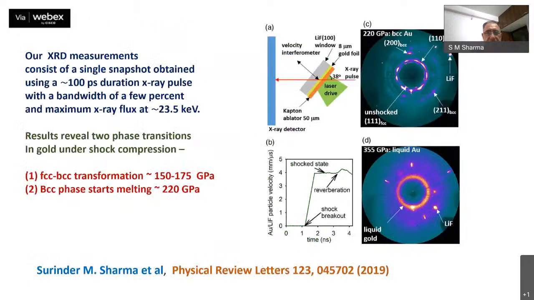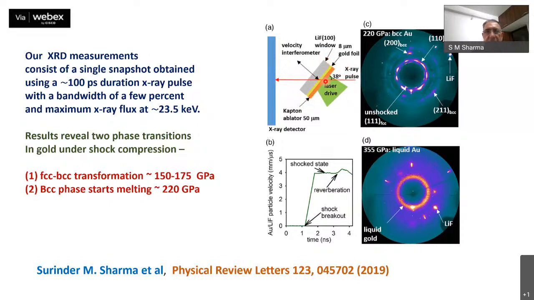We again carried out experiments on gold thin foils, which are laser shock experiments. The setup is shown here. This is the gold thin layer, and it has at the back the Kapton ablator, and the laser, which is about 300 micron across, impinges on this, ablates this, and launches a shock into this.